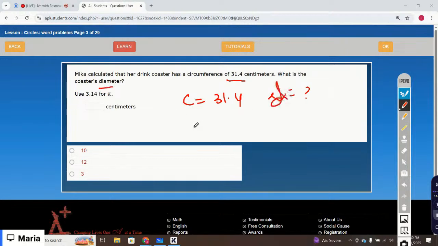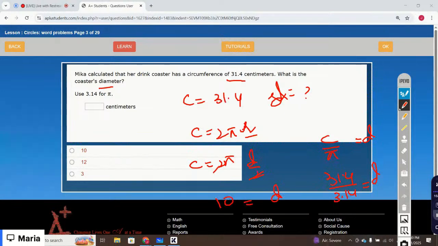First thing we need to do is find the radius. That is C equals 2 pi r. R equals d divided by 2. Just replace it, and the 2 and 2 cancel out. So d equals C divided by pi. So the value is 31.4, and pi is 3.14.